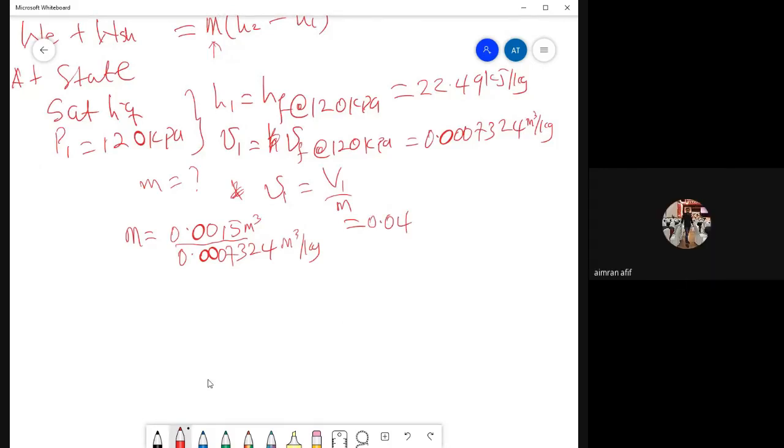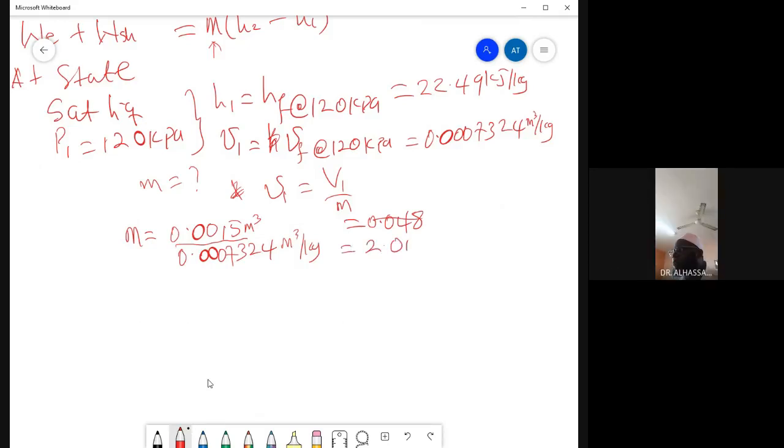Huh? 2.048. Okay, thank you very much. So 2.048 kilogram, that's the mass of the fluid. Now we know the enthalpy also at state 1.